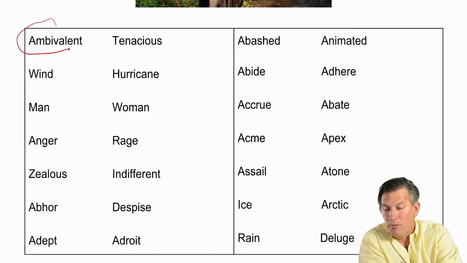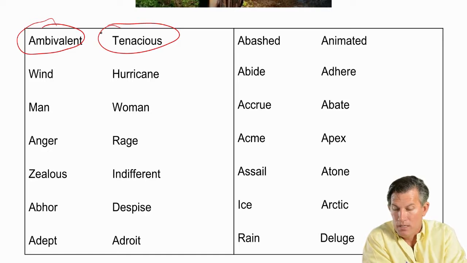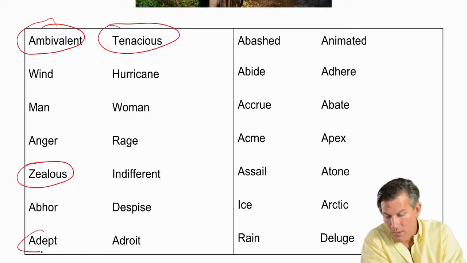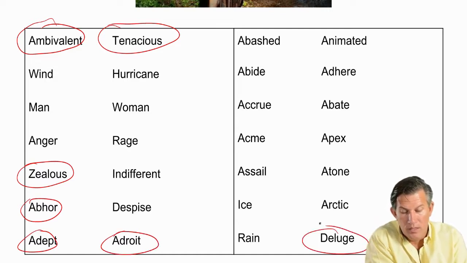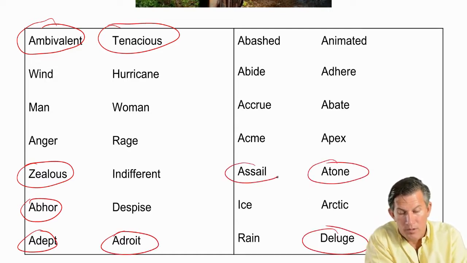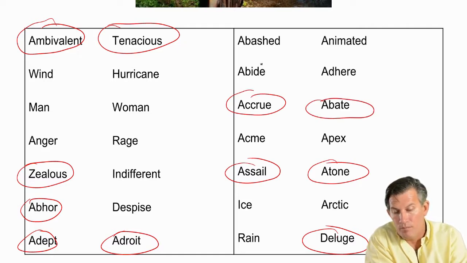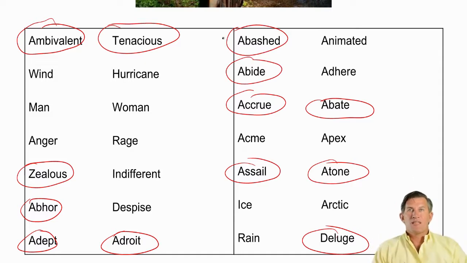I don't think you know ambivalent. I don't think you know tenacious. I bet you do know those. Zealous, unless you remember. I bet you don't know this one, or this one, or this one. Okay, that's my guess. Those are the words I think you don't know.